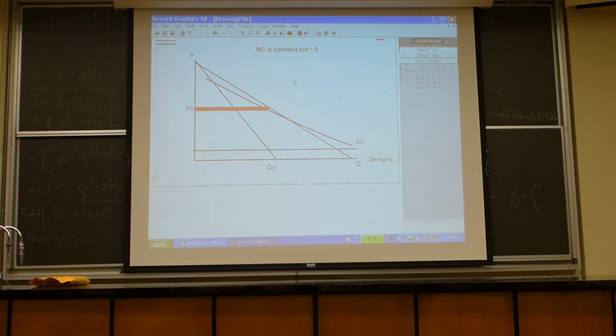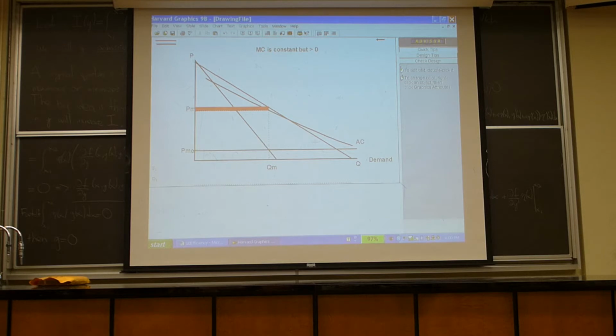Now, my suggestion to you, then I will ask you, what should be the price charged for the 401, or that highway, to give us the optimal allocation of resources? You would look at this and say, it should be P equals MC. Therefore, this is the price that you should charge for a highway.